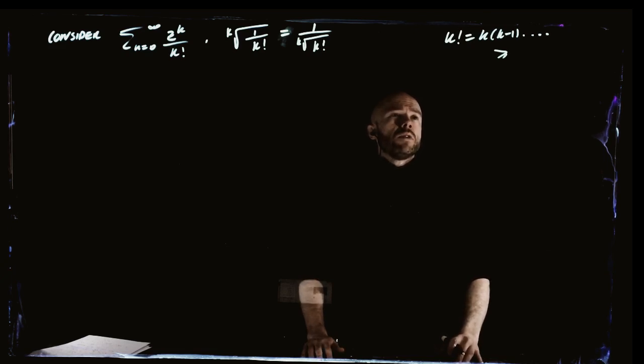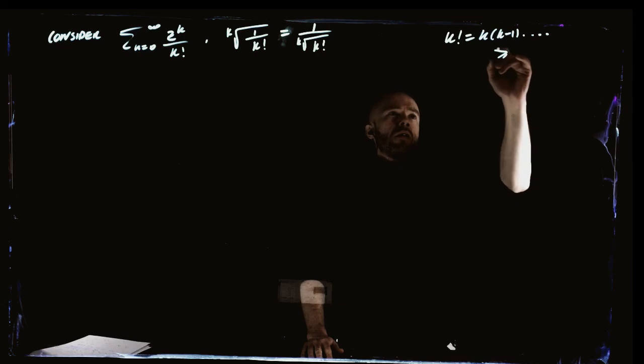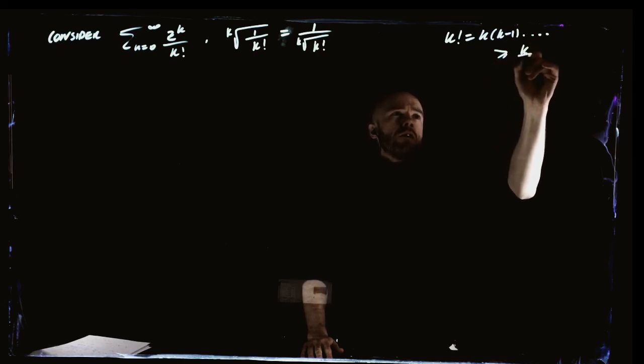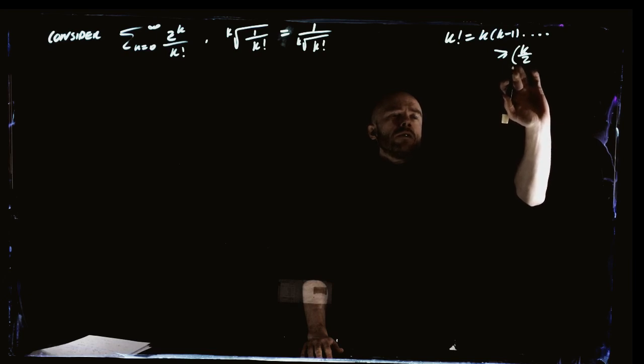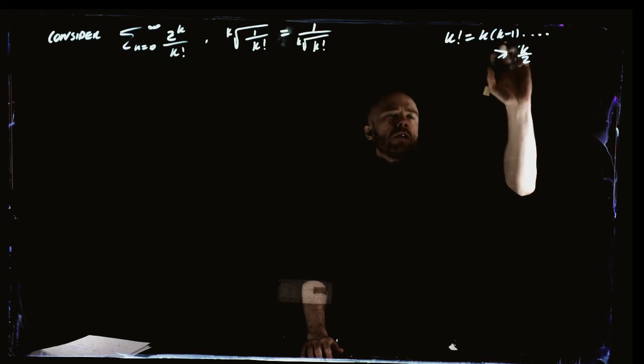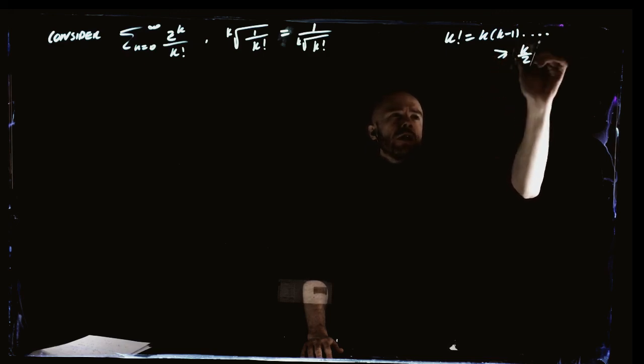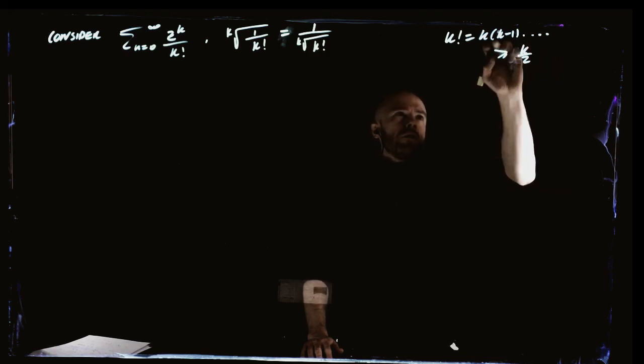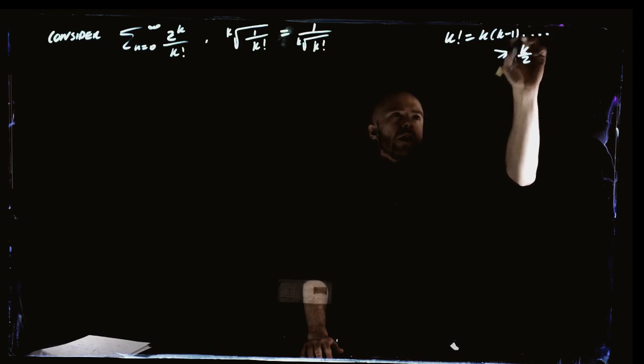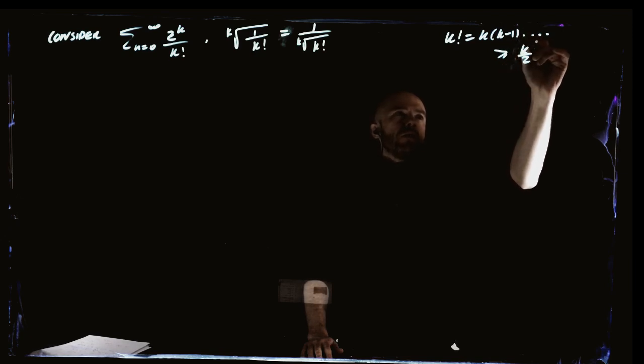In particular, it is bigger than, what happens when we multiply k over 2 times k over 2? No, that's not what I want. It's bigger than k over 2 times itself k over 2 times, right? Because k over 2 of these terms are at least bigger than k over 2.